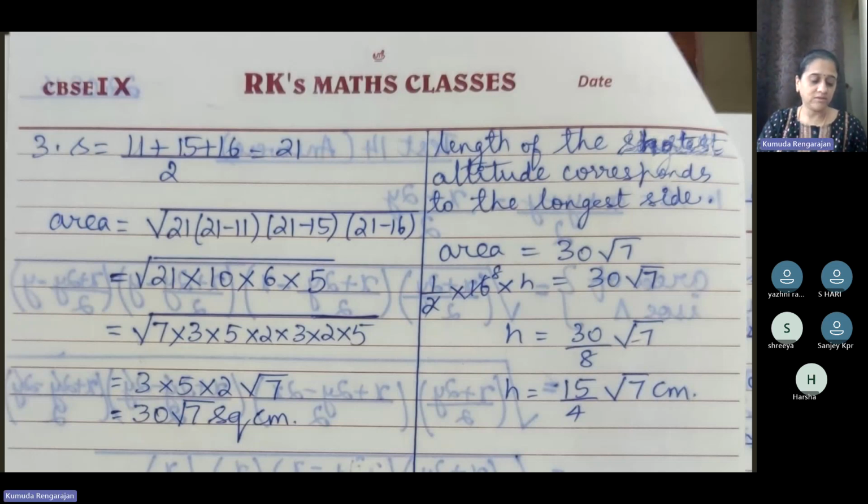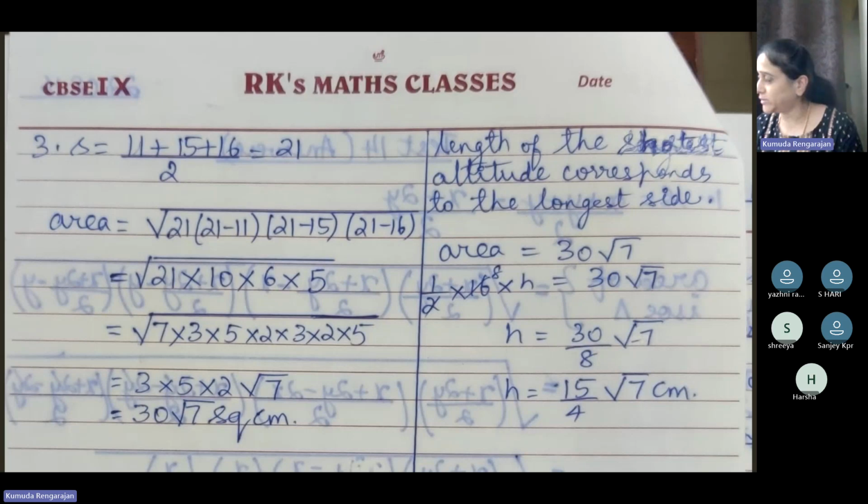What's the value of root 7? It is 2.64, so it will be 15 by 4 into 2.64, which is 9.9.